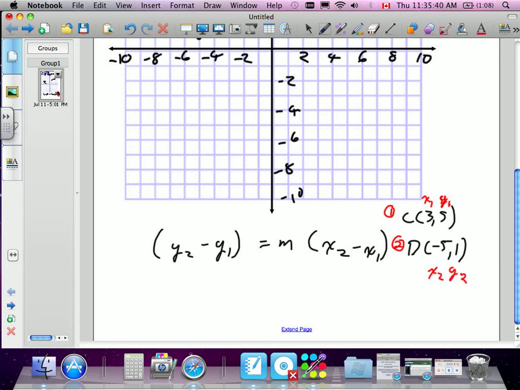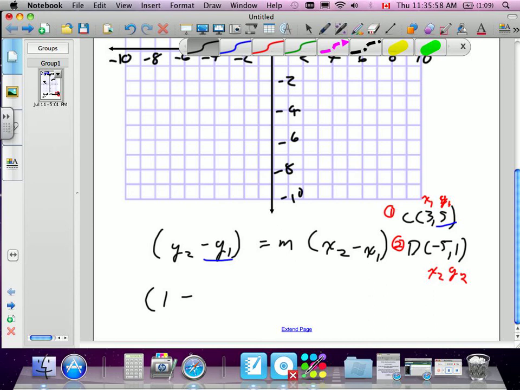Okay? So when I go to plug those in, y2 is here. So I have 1 subtract y1, which is 5. So 1 subtract 5 is equal to, we don't know the slope.